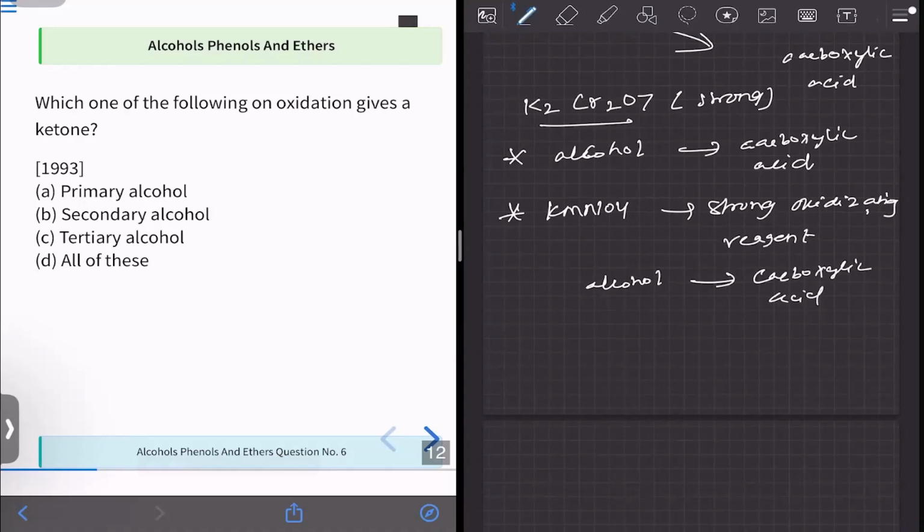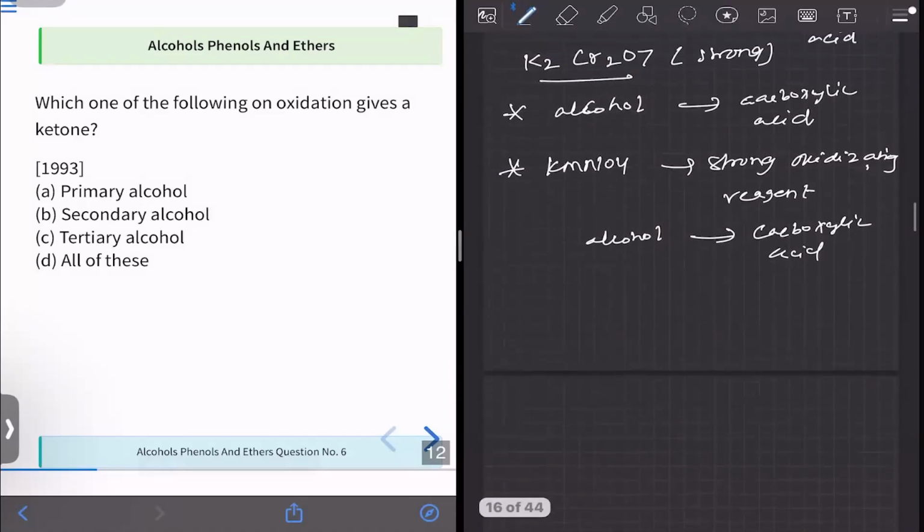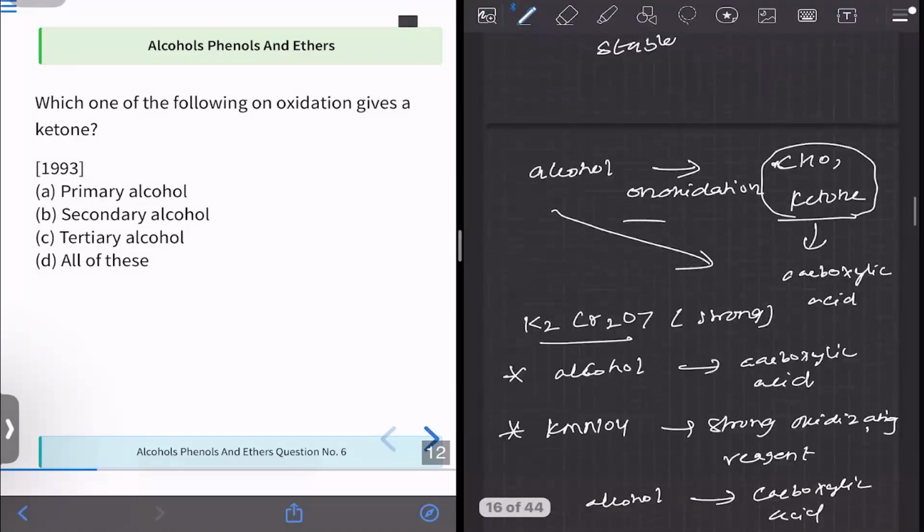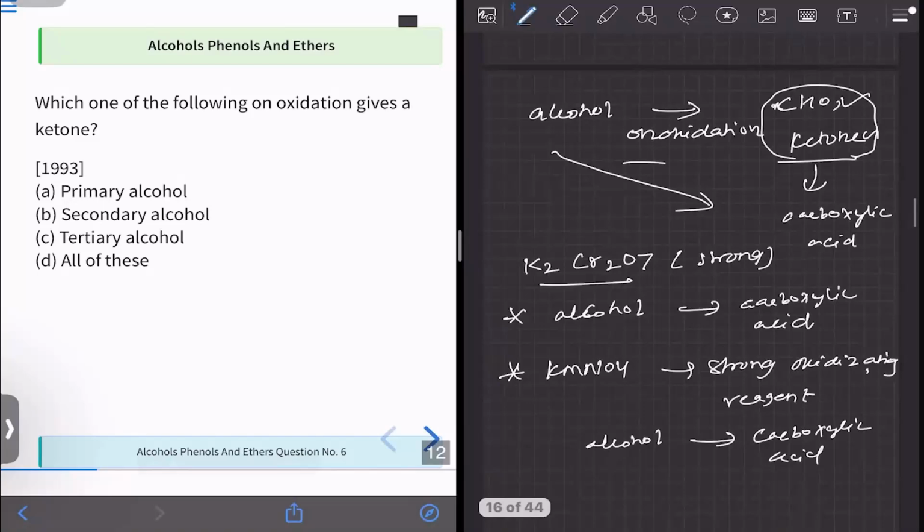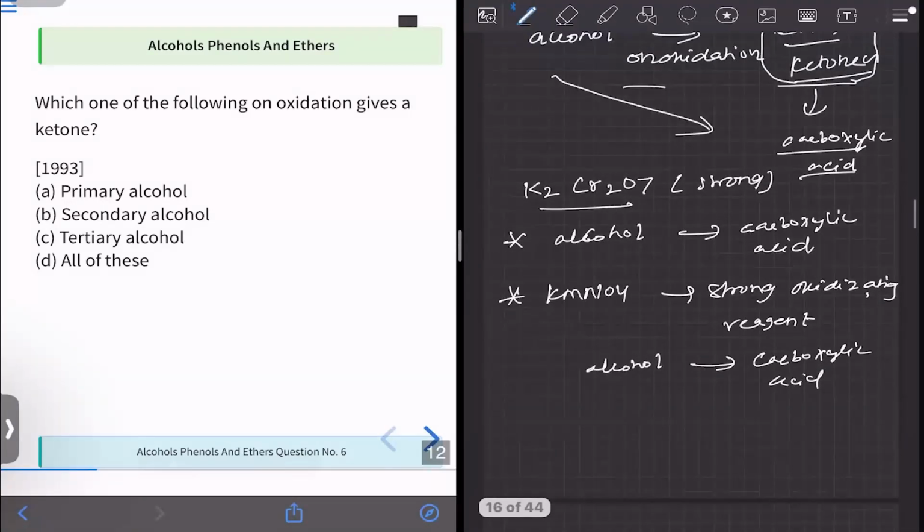Whenever there is a strong oxidizing agent, it does not stop in between the steps. When alcohol is first oxidized, it produces aldehyde and ketone. On further oxidation of aldehyde and ketone, it produces carboxylic acid.